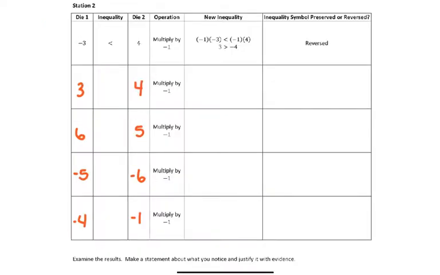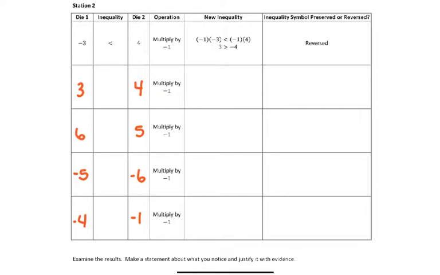Okay, in this station, it's asking us to do a different operation than we were doing before. So remember, before we were adding or subtracting numbers from our inequality. Now it's asking us to multiply -1 by both numbers in our inequality. So I want to firstly fill in that inequality symbol for all of our numbers. So let's look at this first row right here. It says 3 and 4.